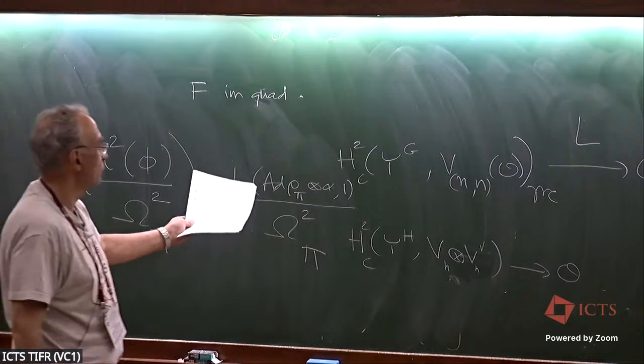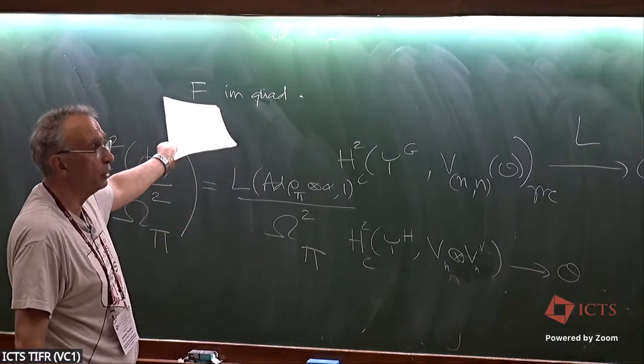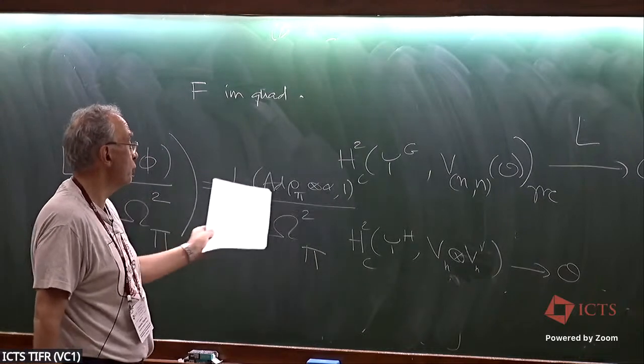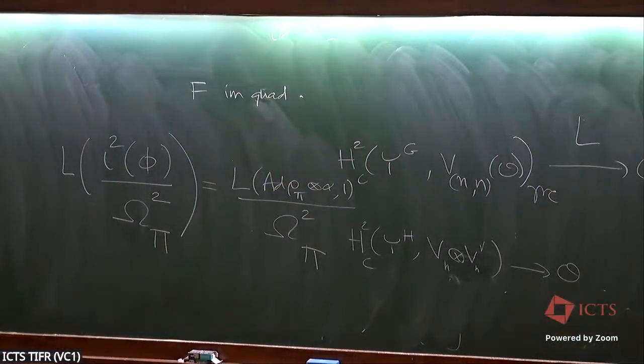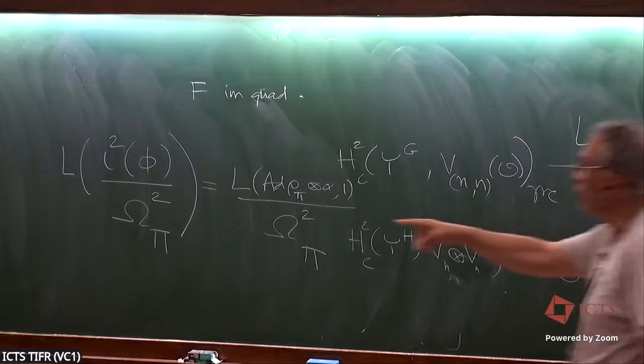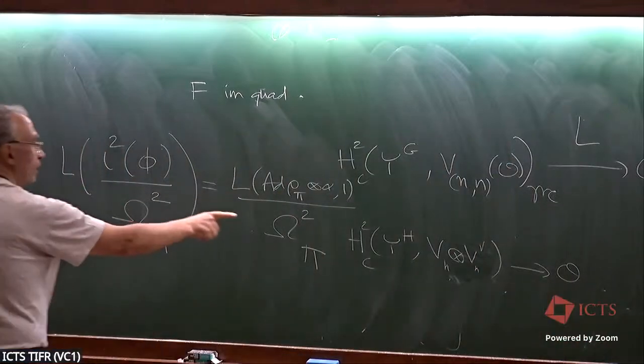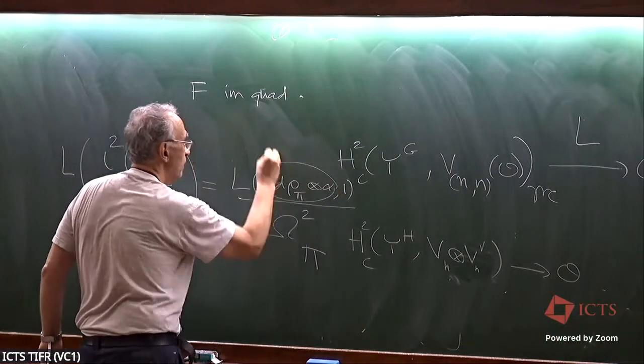So the difference between imaginary quadratic and real is that this value is not critical, while this value here is critical. So this is again, for the same reason, my x pi. Okay, this is again my x pi.